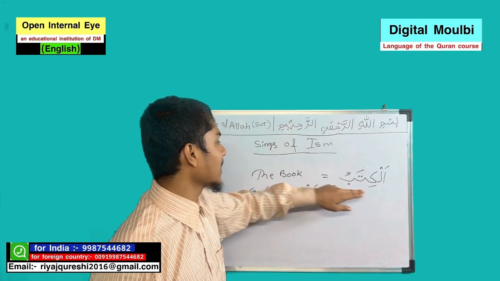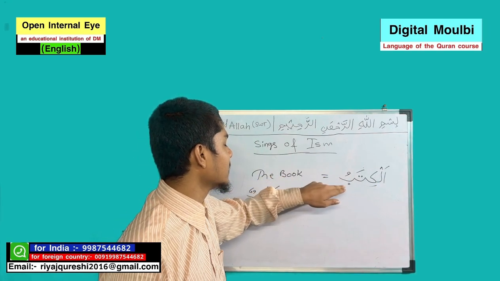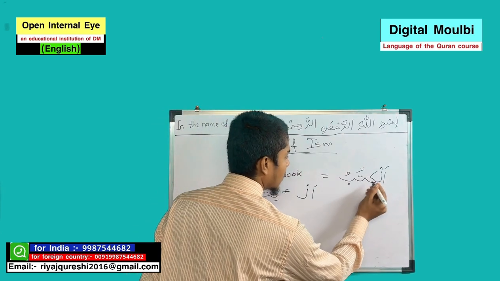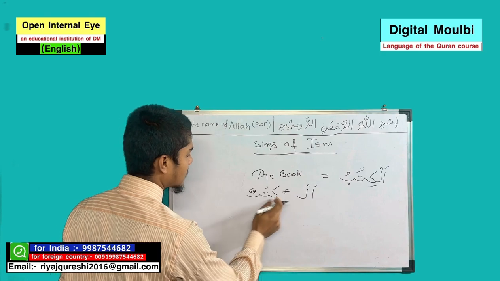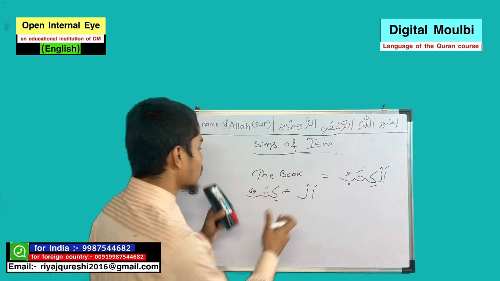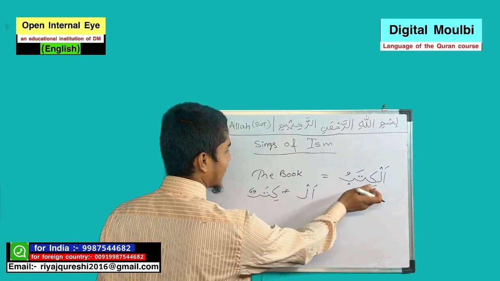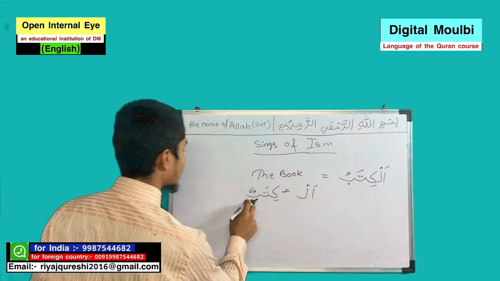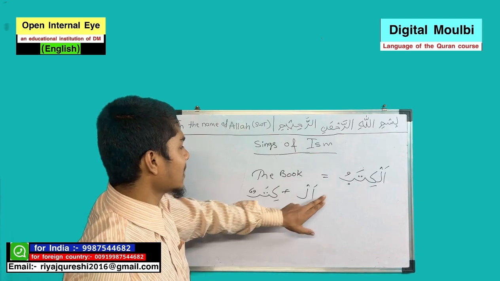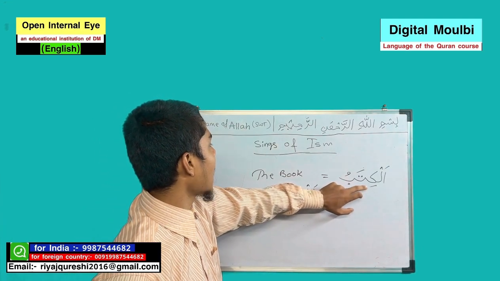If I break this word, it becomes al plus kitabun. So together it has single harakat, and separately it has double harakat. This is one of the signs of ism.